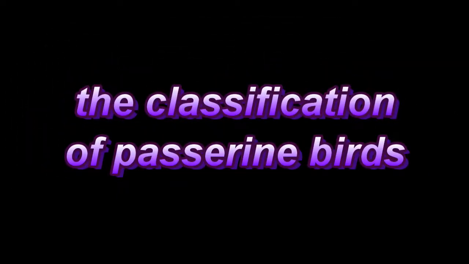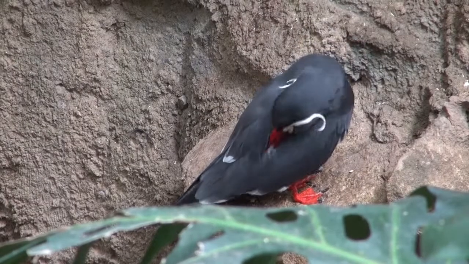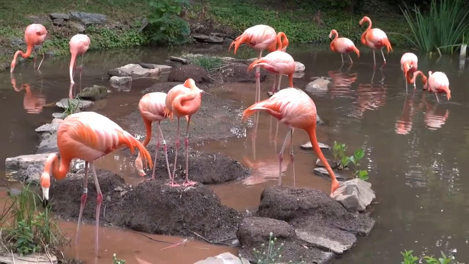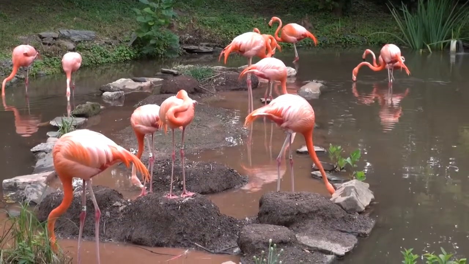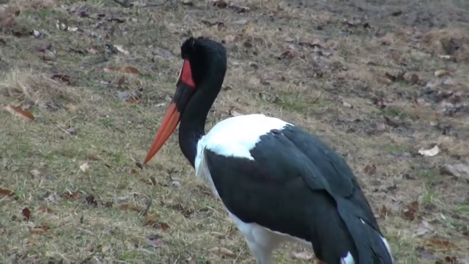How should we classify the more than 10,000 species of bird which are alive today? Well, certainly birds have been branching from their ancestral groupings for tens of millions of years, going back to the Mesozoic era and the age of the dinosaurs.